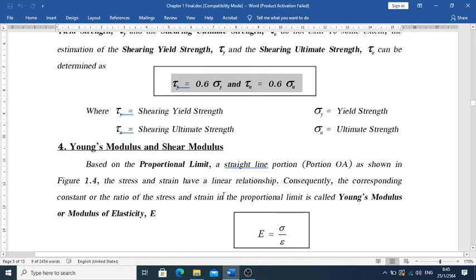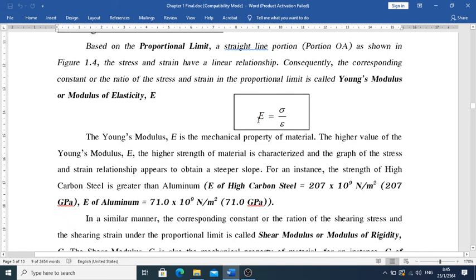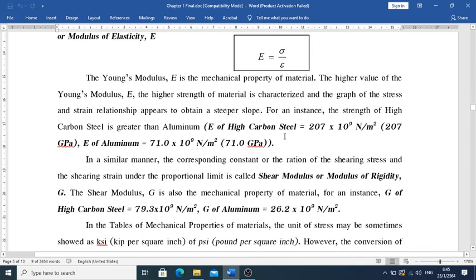And the Young's modulus, E equals sigma over epsilon. For steel we typically have about 207 gigapascal. For aluminum we have 71 gigapascal respectively.